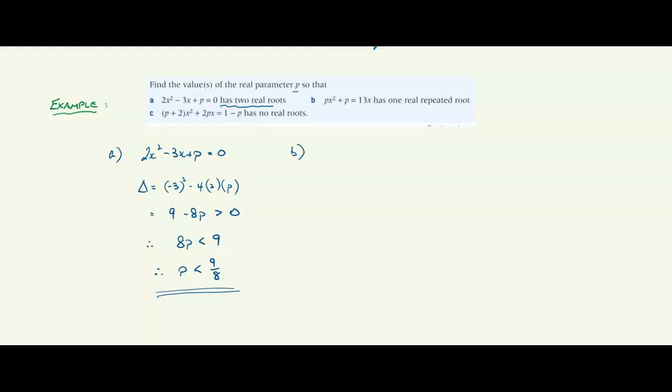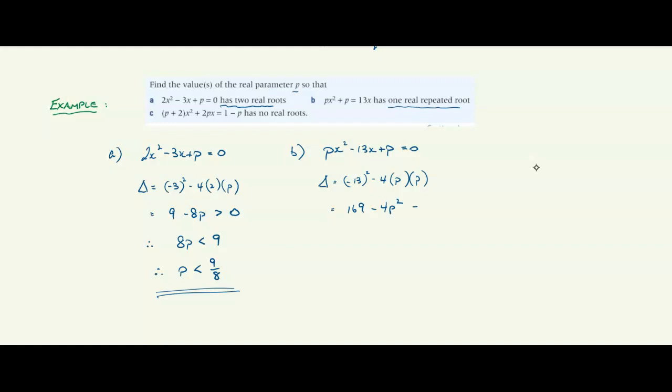Okay, let's do part B. My discriminant here, I'm going to rewrite px squared minus 13x plus p is equal to 0. So my discriminant, which is b squared, negative 13 squared, minus 4ac. All right, so this is my discriminant. All right, I'm going to simplify it to 169 minus 4p squared. 169 minus 4p squared. And what I want is one real repeated root.